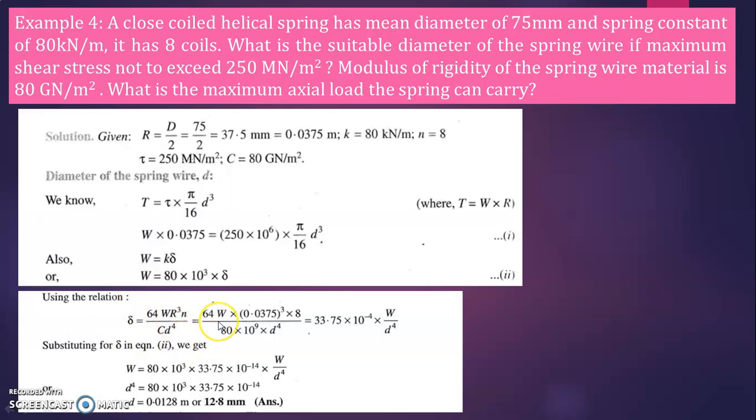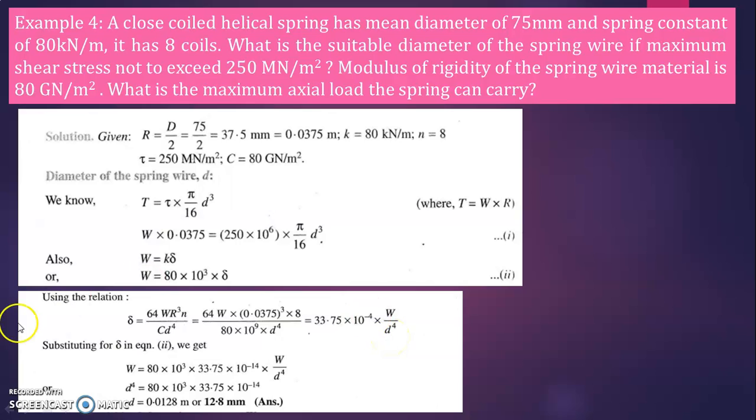So substitute here 64 into W, we don't know, so write it like that, into R, we have R value, that is 0.0375 cube into 8 number of turns divided by C. C is equal to 80 into 10 raised to 9 into D raised to 4. Okay, so simplify this and write like this.